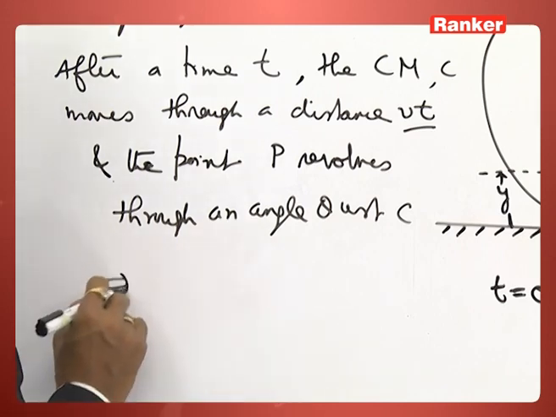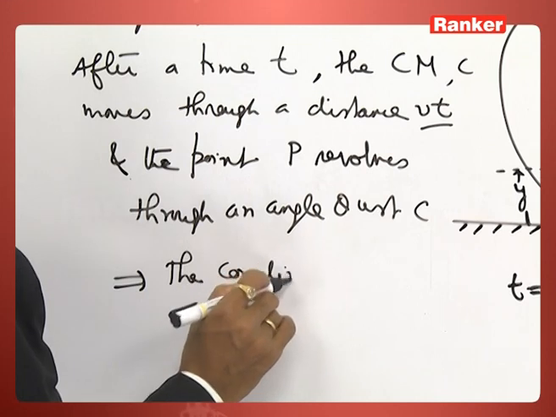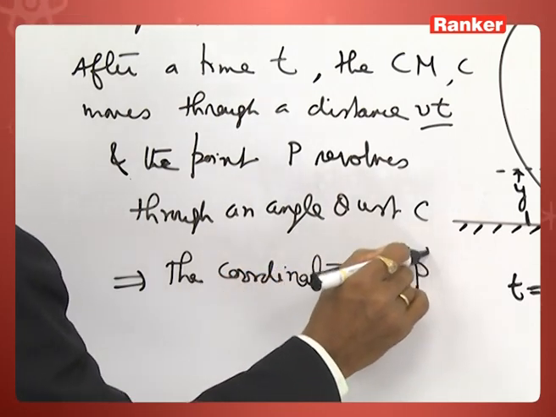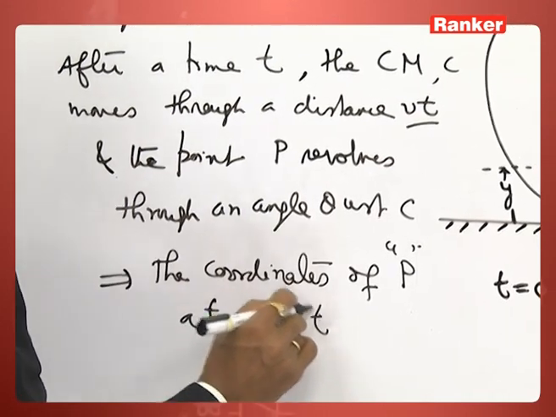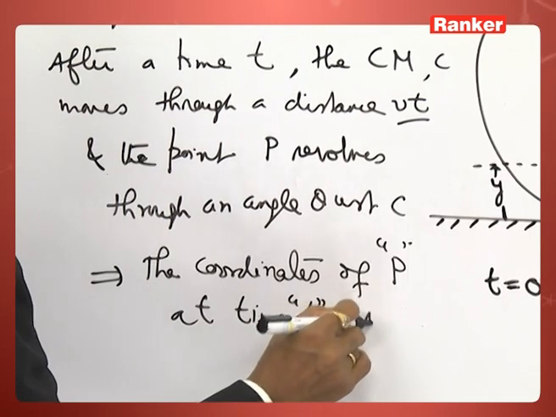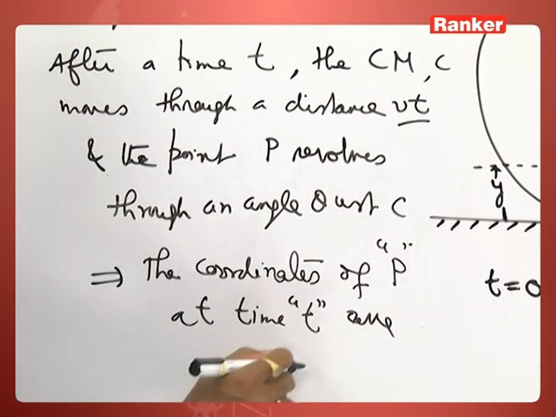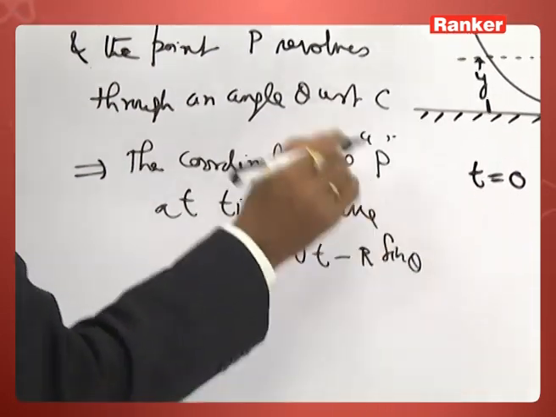As a result, the coordinates of the point P at time t are given as x is equal to Vt minus r sin theta.